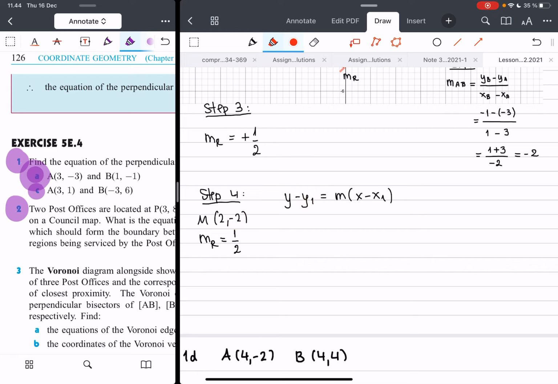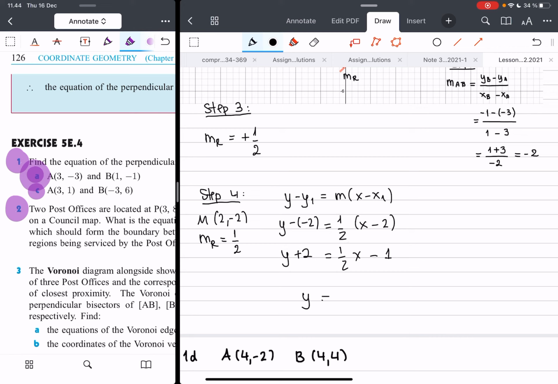And wherever you see x1, you put just 2. And then the slope is 1 over 2. And you do that. y minus the negative 2 equals one half times (x minus 2). Or y plus 2 is a half x minus 1. Because 1 over 2 times negative 2 is negative 1.